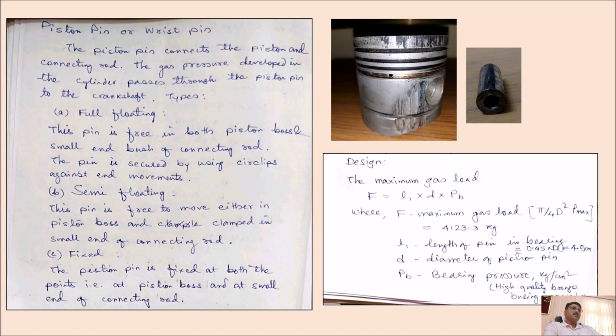L1 is length of pin in bearing, 0.45 into d, 0.45 into 10 is 4.5 centimeter. d is diameter of piston pin. Pb is bearing pressure in kg per centimeter square. Its value is taken as 250 kg per centimeter square.